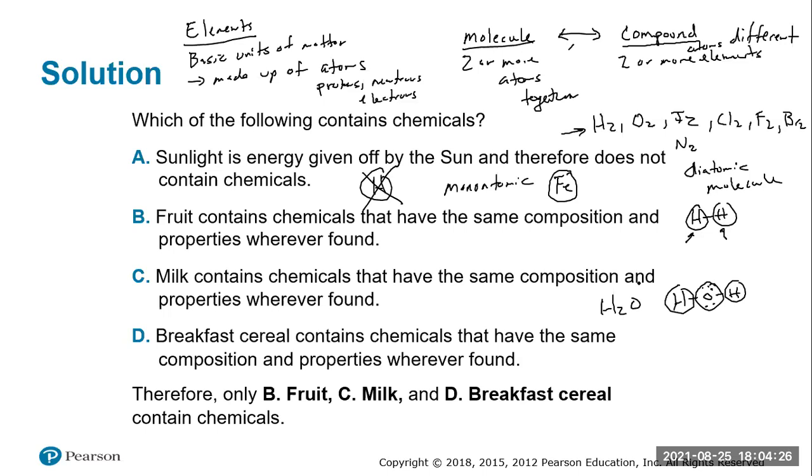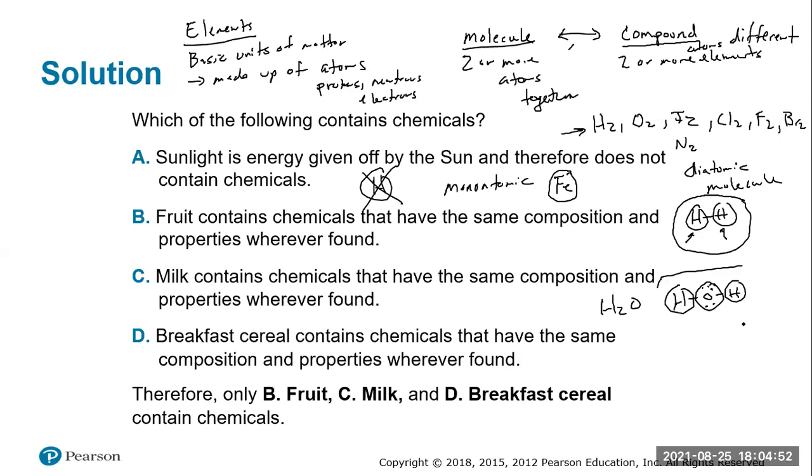So to sort of wrap this up, and we may see it again a little bit later here, if we look at hydrogen, H2, this is an element because it only contains hydrogen atoms. It is also a molecule because it is two hydrogen atoms together, but hydrogen is not a compound because, again, it is only made up of the same element.